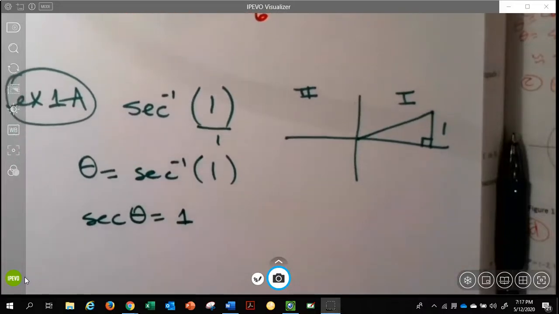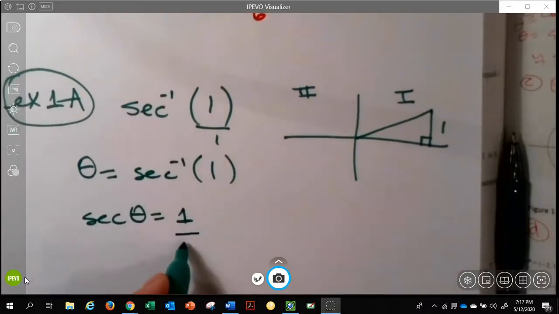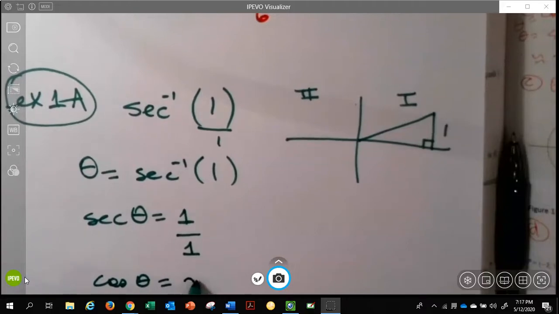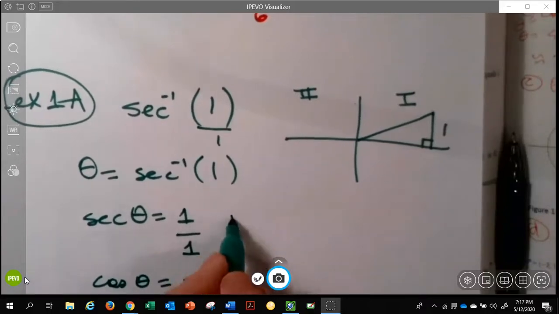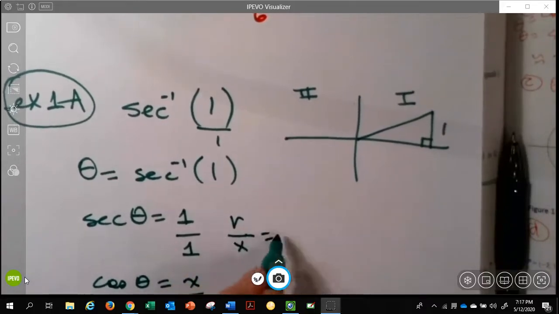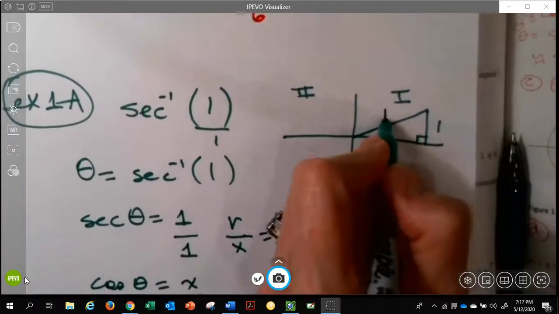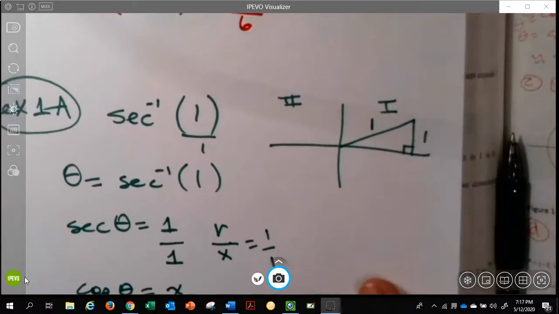Well, I can even play around with it a little bit more. I know that it's a 1 over 1. I know that I'm dealing with a cosine. I know my cosine was x over r, so this has got to be r over x. And wait a minute. R over x, that doesn't make sense that those sides would be the same.